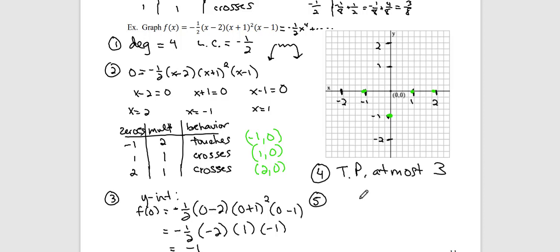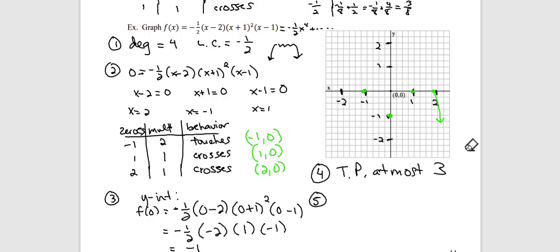Here's what I know. To the right, from the end of this, it is going to go down, because I have no additional x-intercepts. It could have something like this where it doesn't cross the axis, but because we have this limit of 3 turning points, we know that can't really happen with these 3 zeros being where they are.